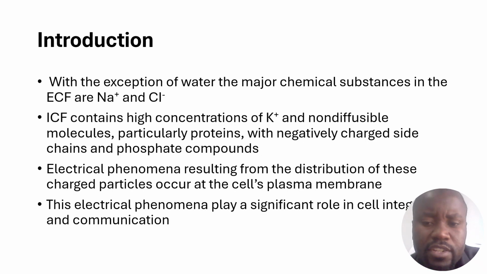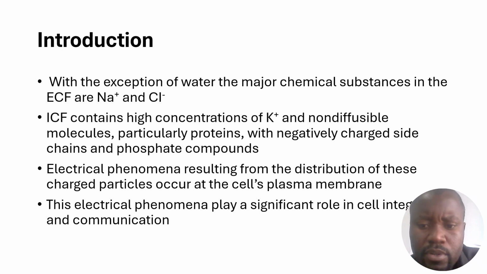A quick introduction. I think we've already covered the principles behind the generation of electricity in biological systems. The background is that with the exception of water, the major chemical substances in the extracellular fluid are sodium and chloride, while in the intracellular fluid, the major electrolyte is potassium.